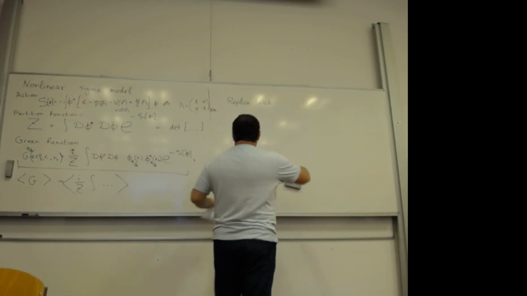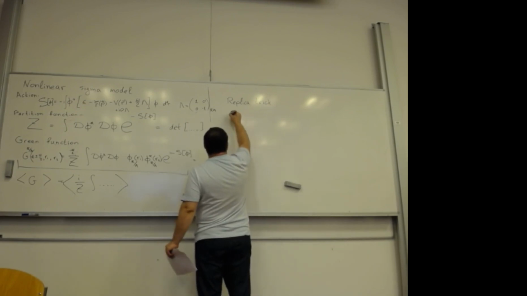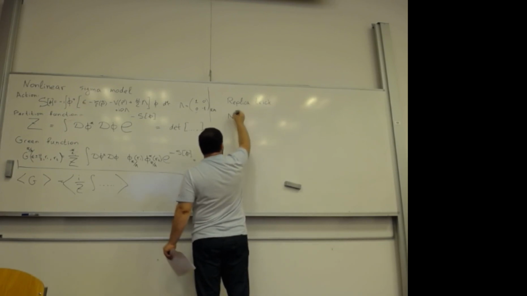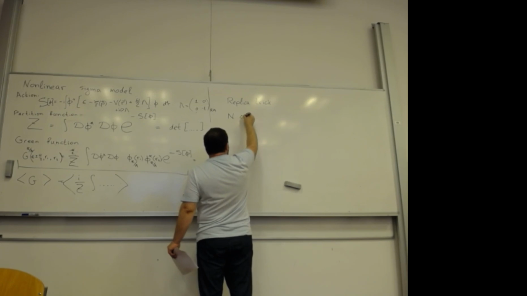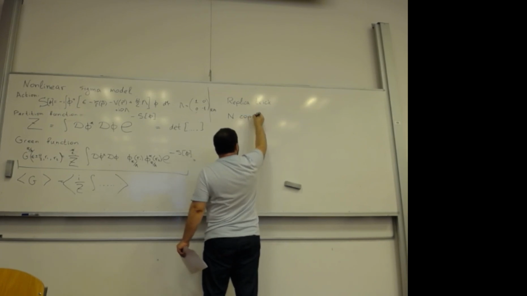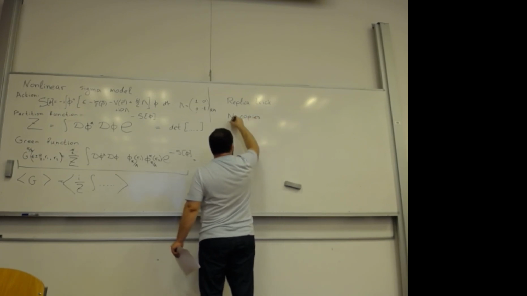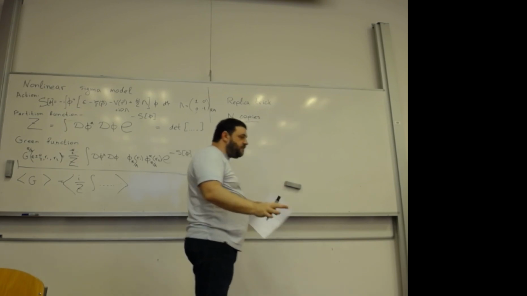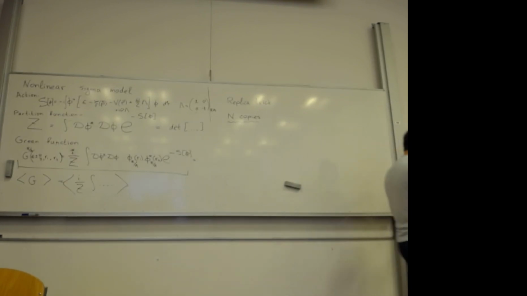So the trick is we introduce n, some number, of n copies of our disordered system. And these n copies we call replicas. What does n copies mean? You have a piece of metal, and then you copy it, so you have 2 pieces of metal, 2 identical, 3, 4, 5.